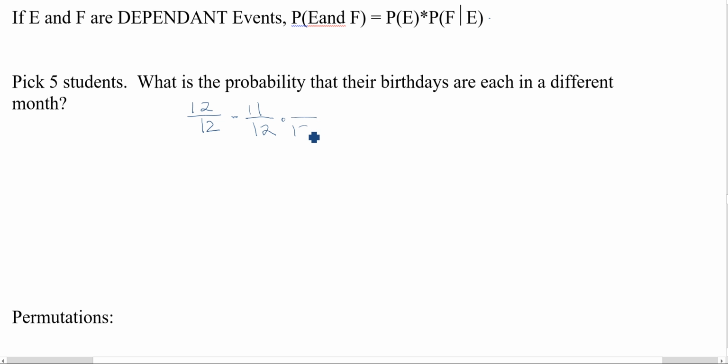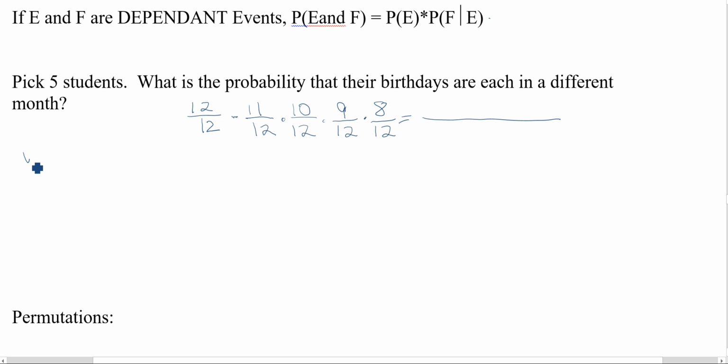Likewise, for the third student, there's 12 months altogether, but there are only 10, given the other 2 occurred in different months. And the next one would be 9/12ths. And the last one would be 8/12ths. And you'd have to multiply that out to get your answer.